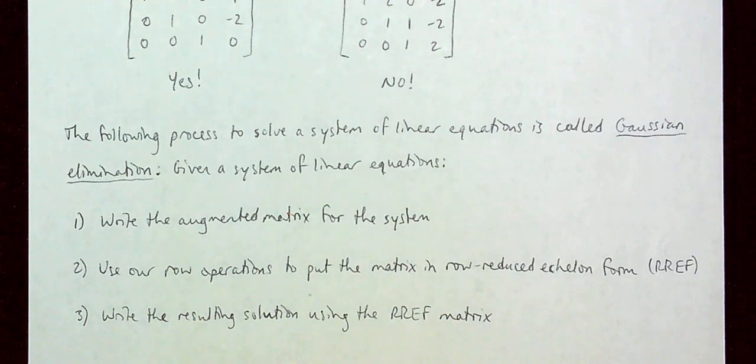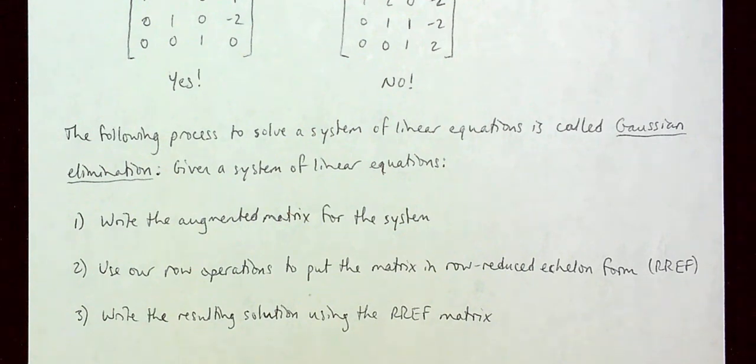And then 3, you're going to write the resulting system of linear equations, which you're actually going to find out is a solution using that row-reduced echelon form matrix.